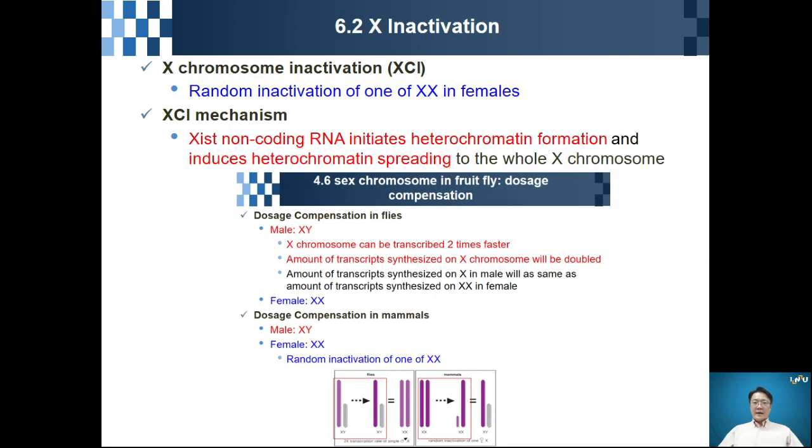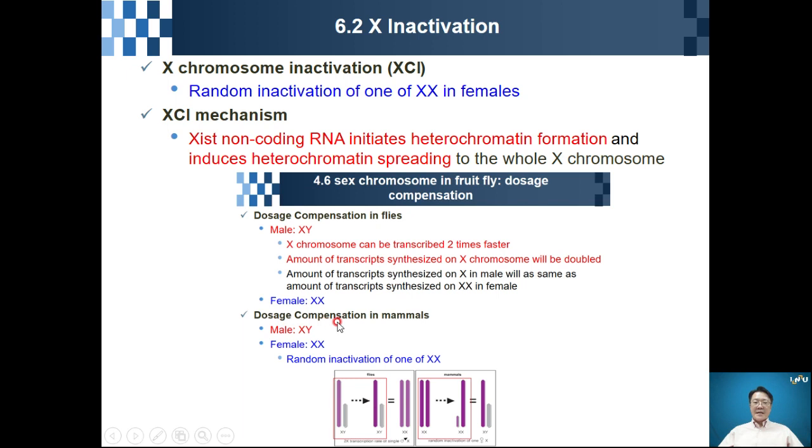So in this slide, I will explain the second subject, X inactivation. The full name of X inactivation is X chromosome inactivation, XCI. X chromosome inactivation means random inactivation of one of the XX in females. Previously, we learned this concept in chapter 4, dosage compensation in mammals.